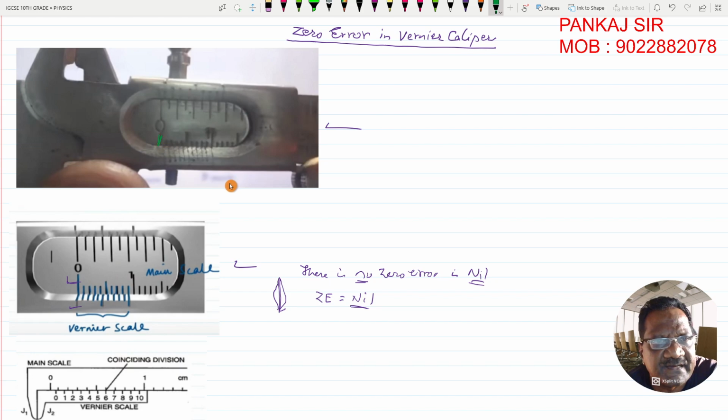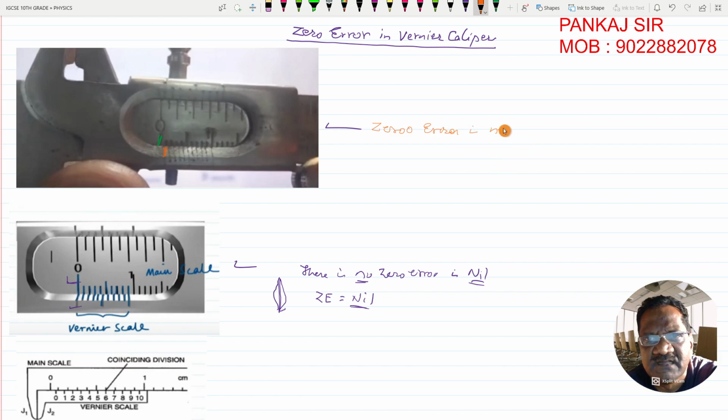Can you see that green mark? And the zero of the Vernier is on the right over here. See, they are not coinciding. So this is a case where you can say that zero error is having some value.